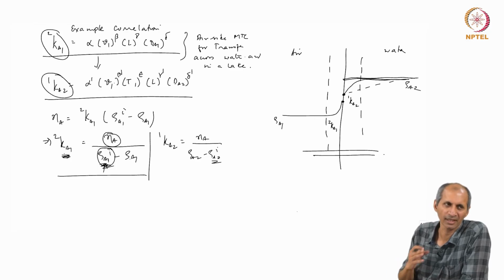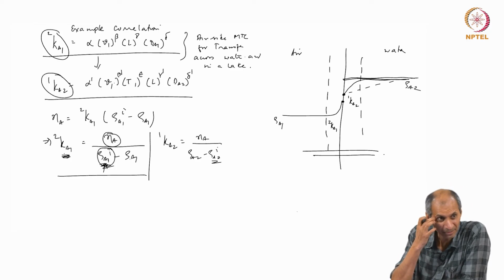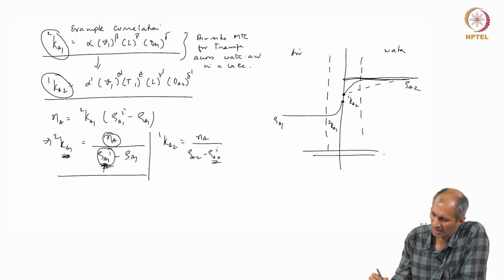To illustrate that at the interface things are in equilibrium, there was one special case. One of the ways in which this can happen is that the entire thing is the same compound.